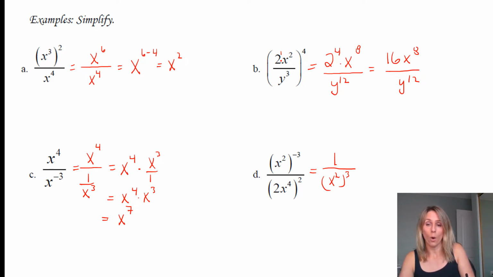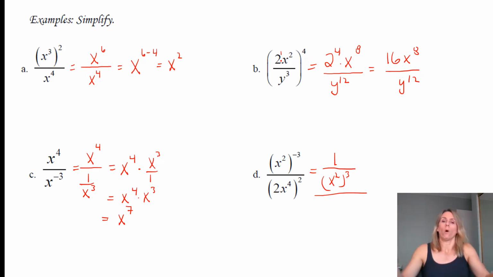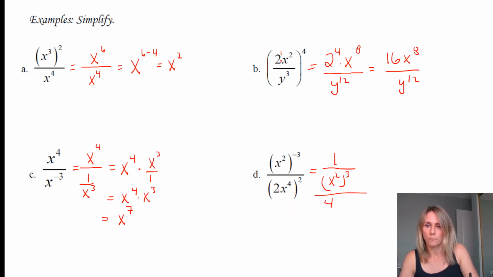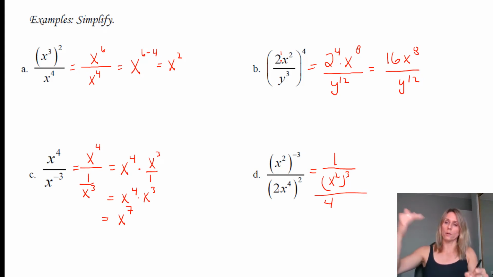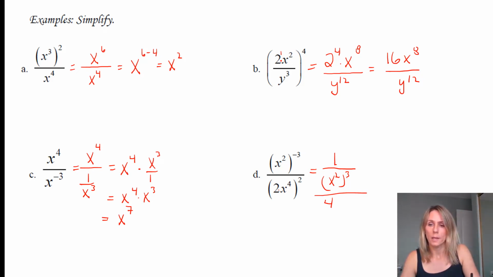In the denominator, I've got something to the power of 2, and notice you have two things multiplied together. So I have 2 squared, which is 4, and x to the 4th squared, multiplying the exponents, is x to the 8th.